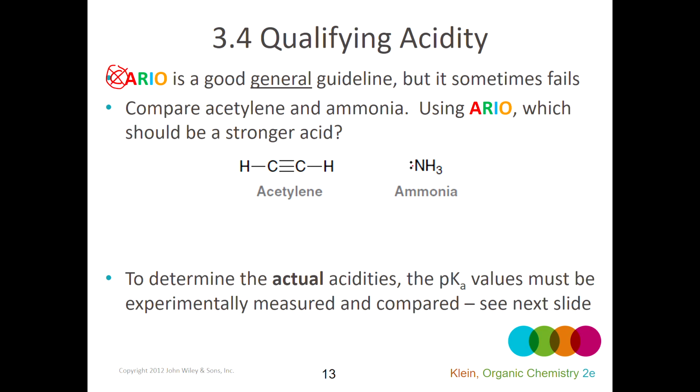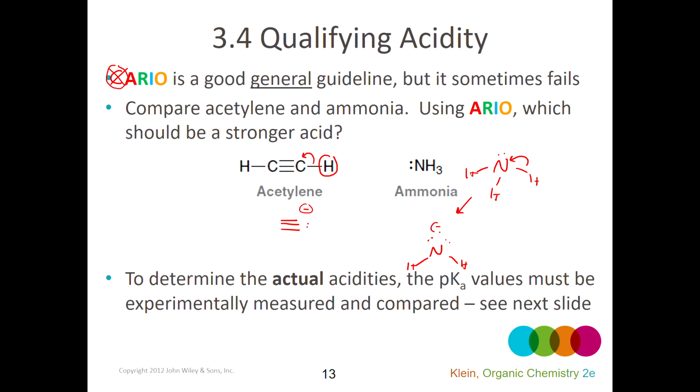Trying to decide which is a stronger acid. If this gives up a proton and the electrons stay behind, I'll create a negative on a carbon. If this one gives up a proton and the electrons stay behind, I create a negative on a nitrogen.